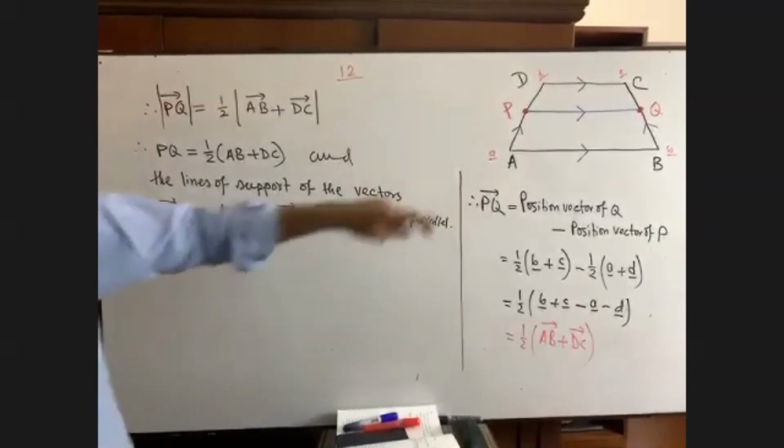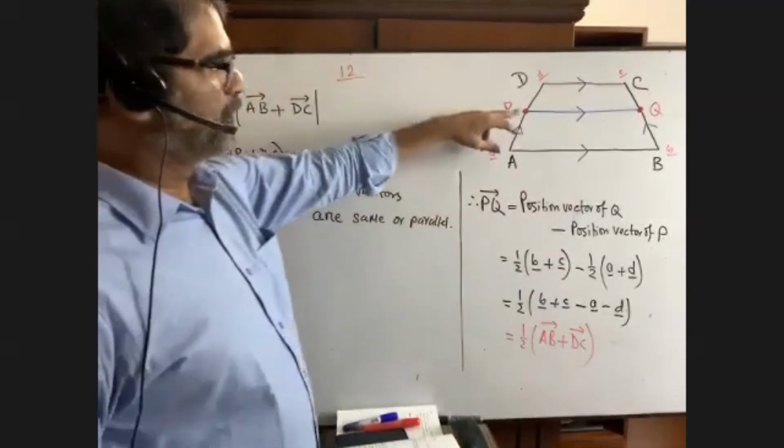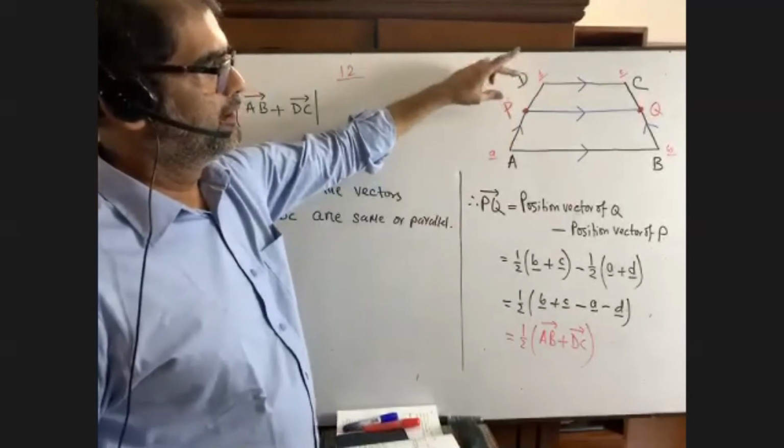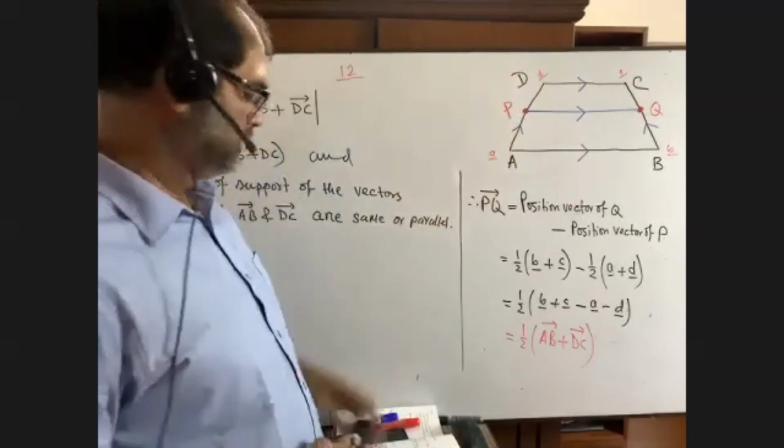Is it possible that they will be same? No, it is not possible because it is the midpoint of AD. A and D are not the same point.